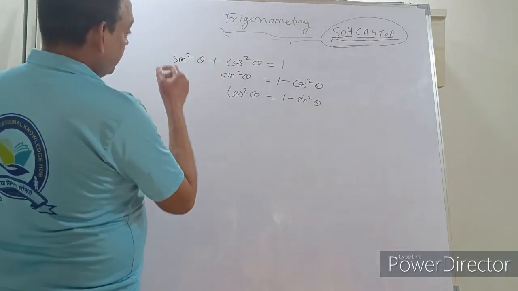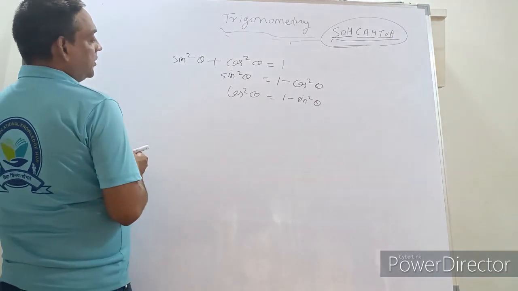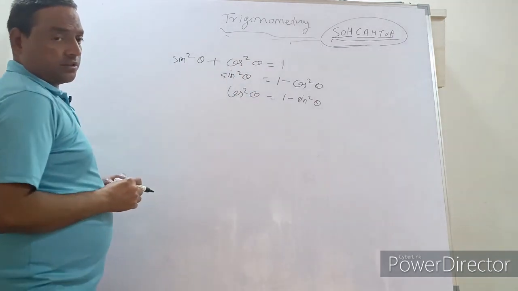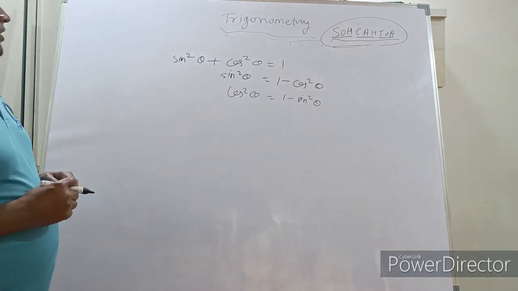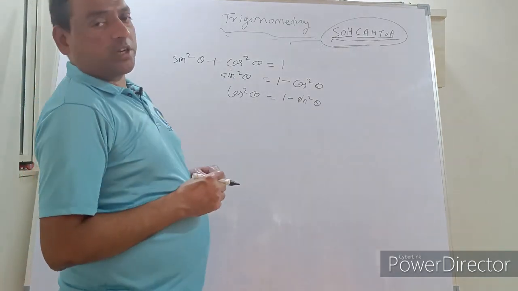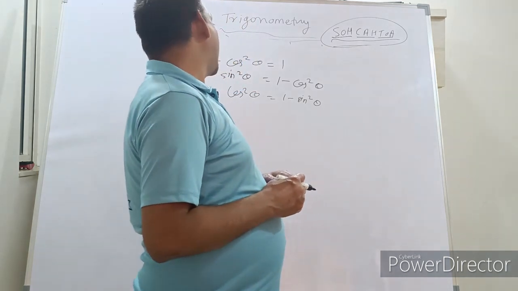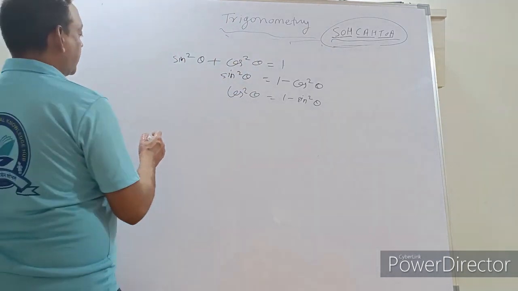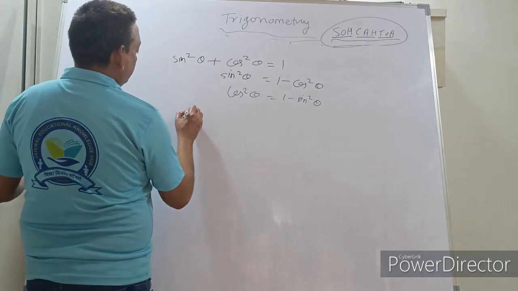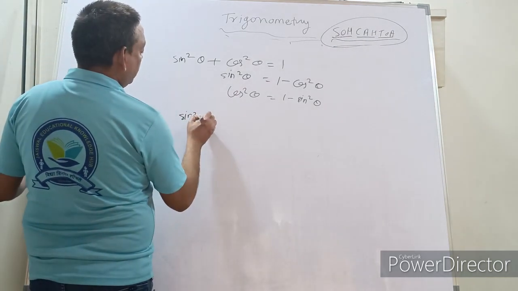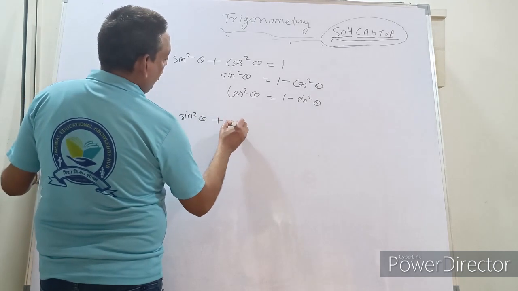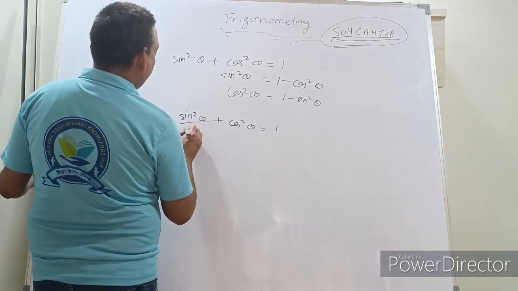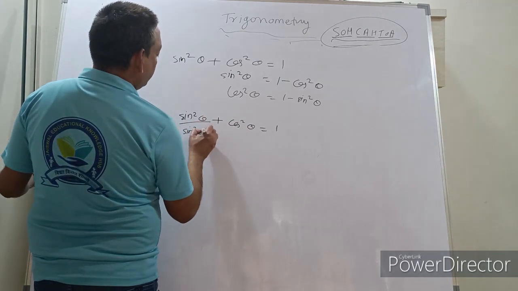Now the second identity we get just by dividing everything by sine square theta. We have sine square theta plus cos square theta is equal to 1, and we divide everything by sine square theta.